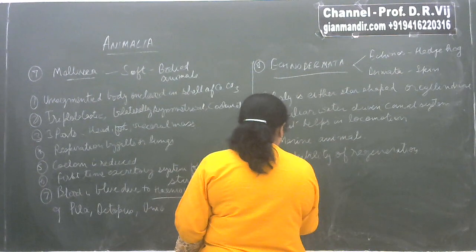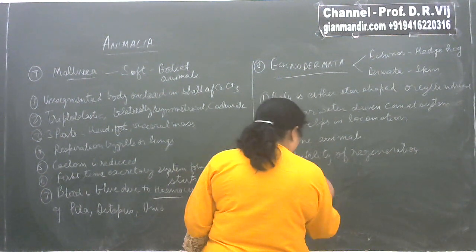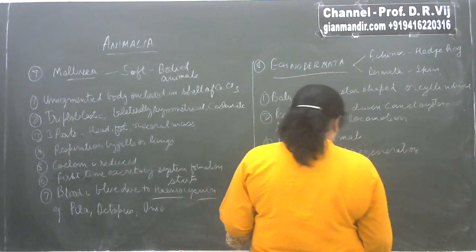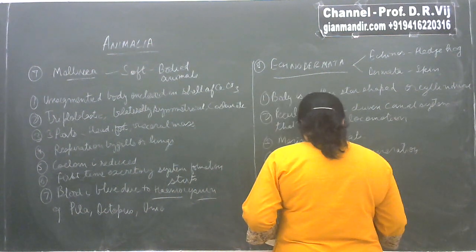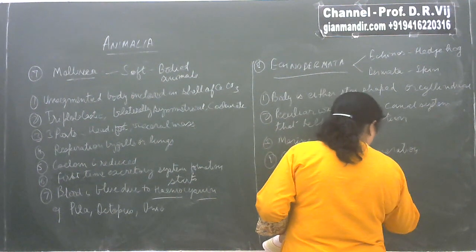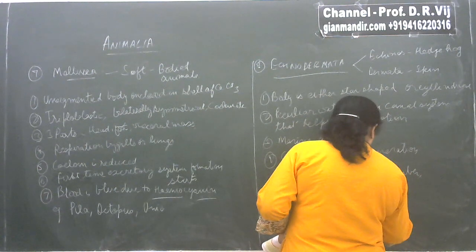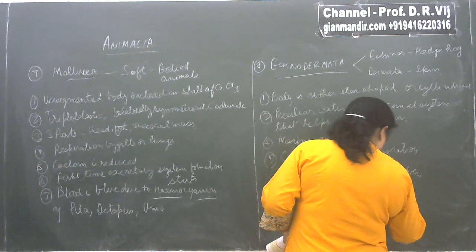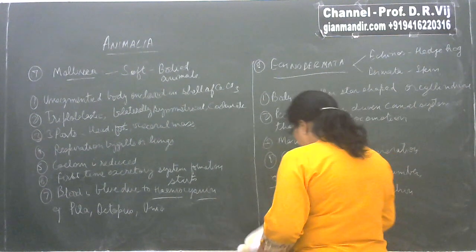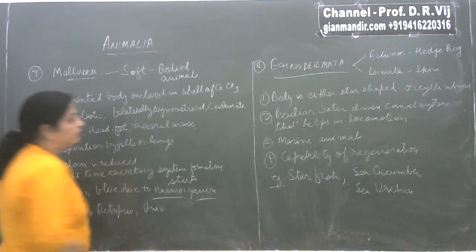If you look at the examples of Echinodermata, the most common example here is a starfish. Another one is sea cucumber. And sea urchin. Right? So these are the examples of the phylum Echinodermata.